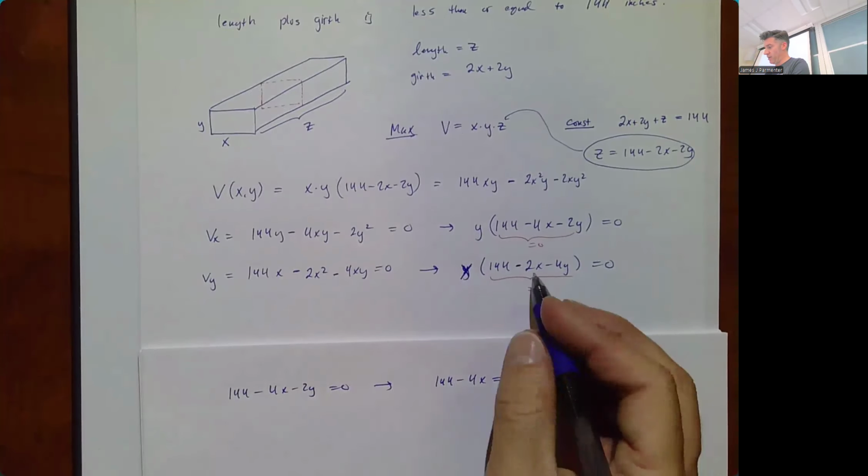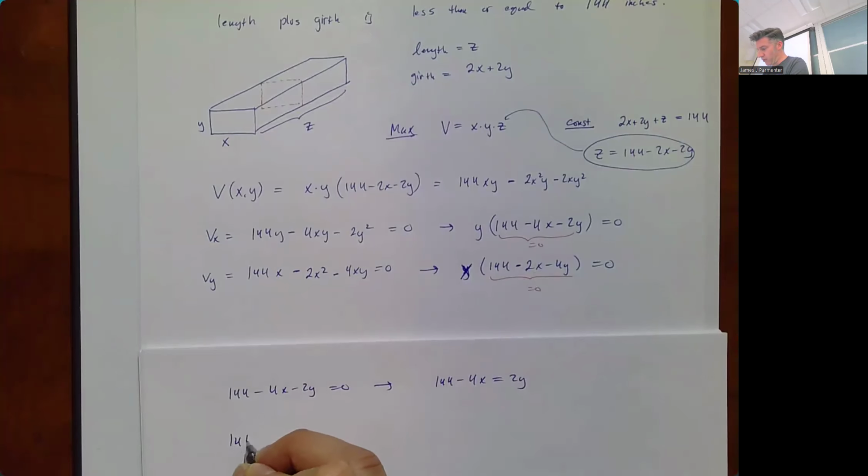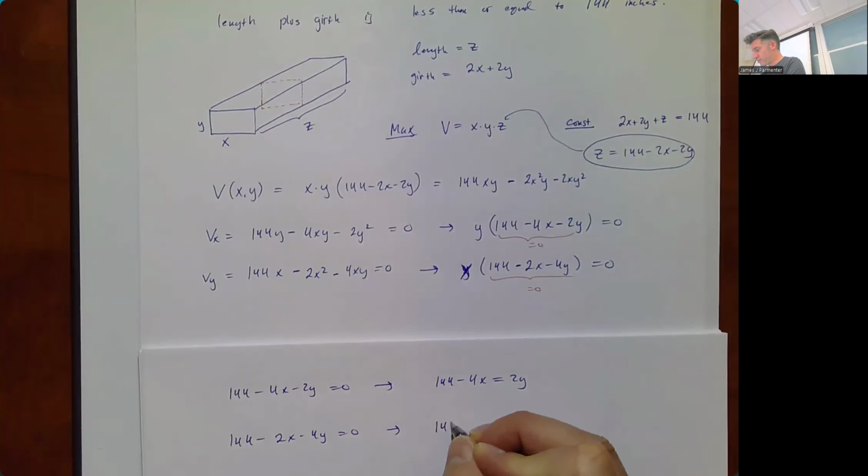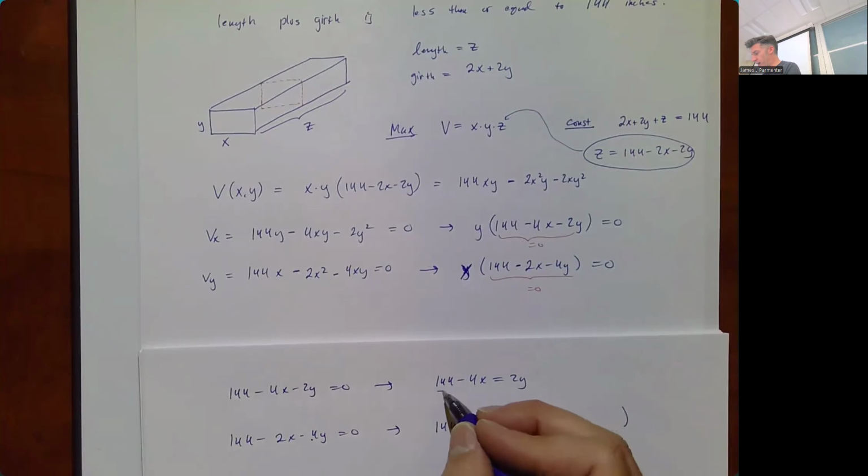And then we take the other equation, 144 minus 2x minus 4y equal to 0, and replace the 2y with that. So 144 minus 2x minus 2 times 2y, right? Because that's a 4y. So I'm just going to plug in that right there.